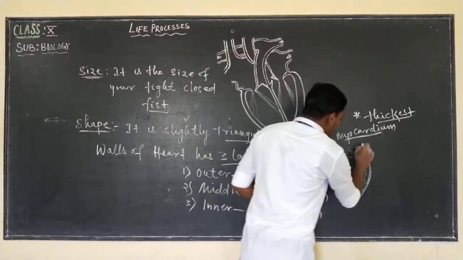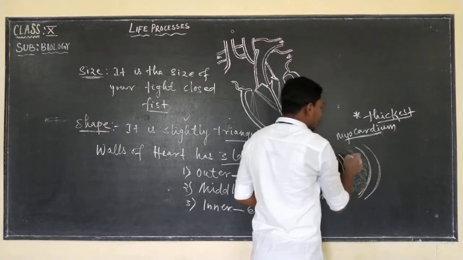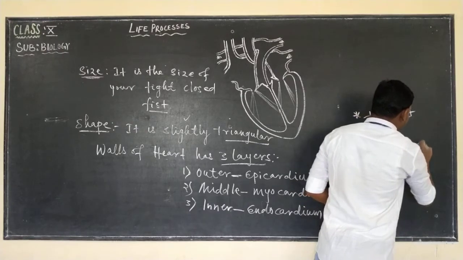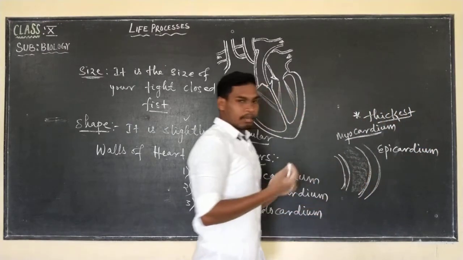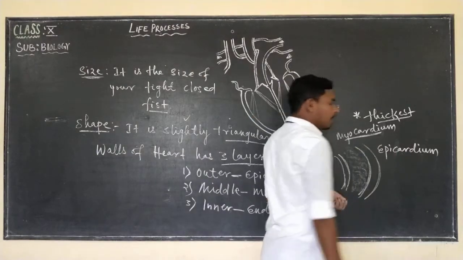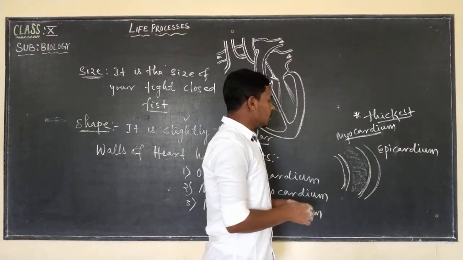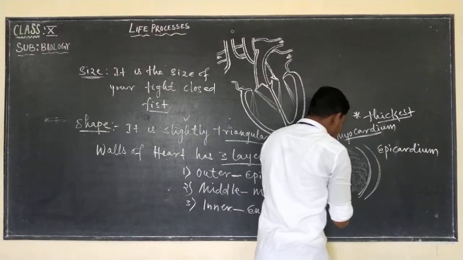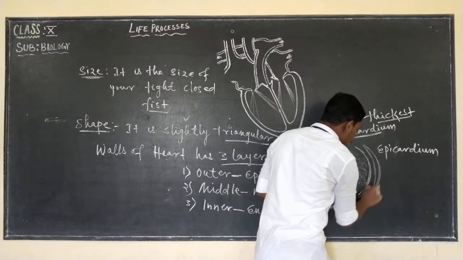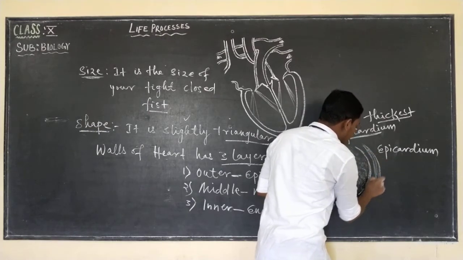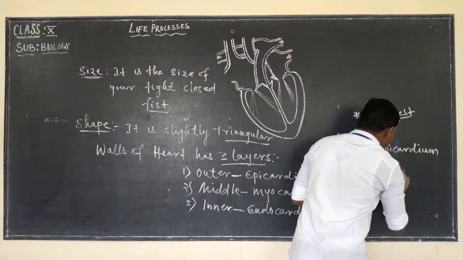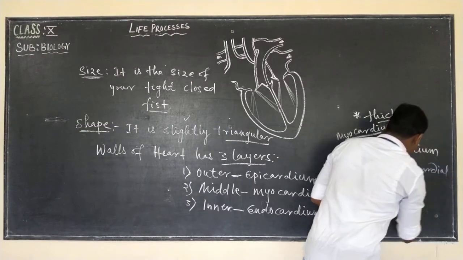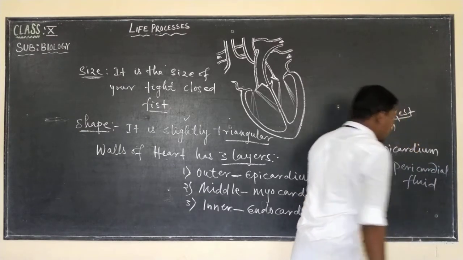And the outer layer is known as epicardium. In epicardium we also find the pericardial fluid. Why is that fluid present?